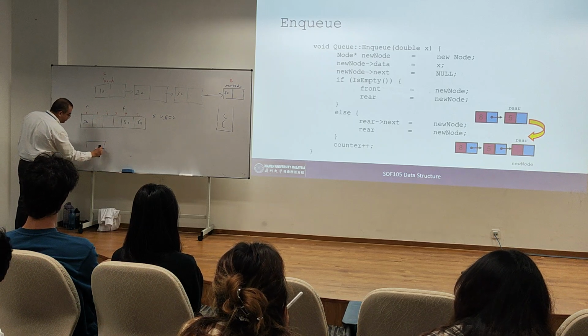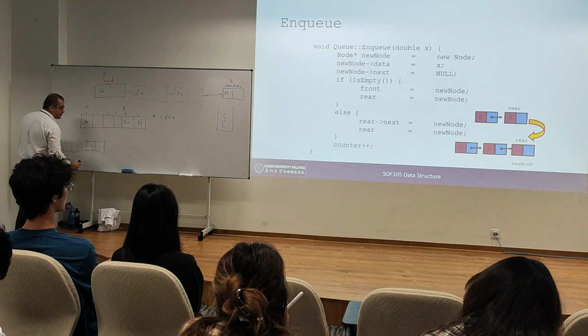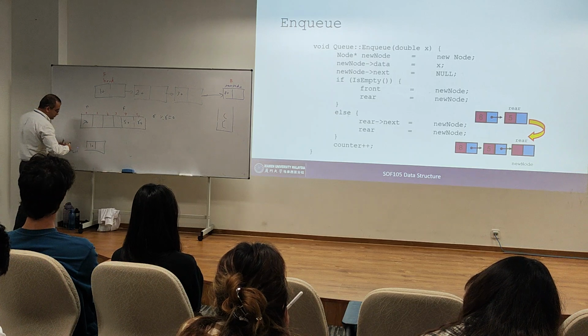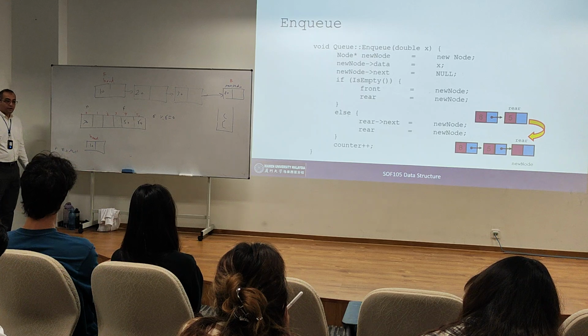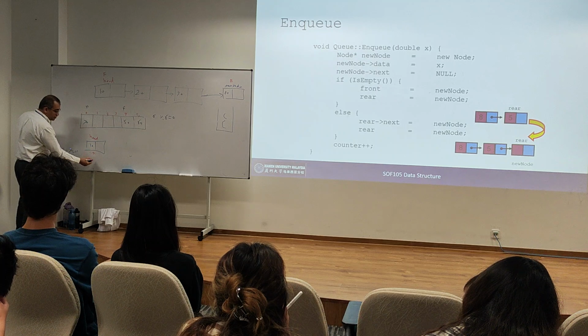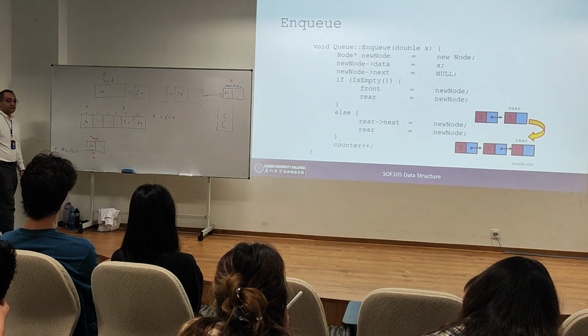I insert node 10, right? This one will be the head, right or not? Okay. Now what do I need to do with the front and rear? Front should equal to what? And rear should equal to what? Okay. That's the first time I insert a node.